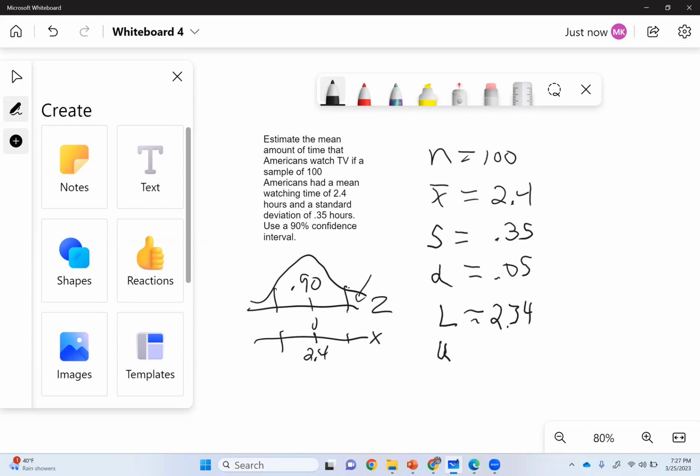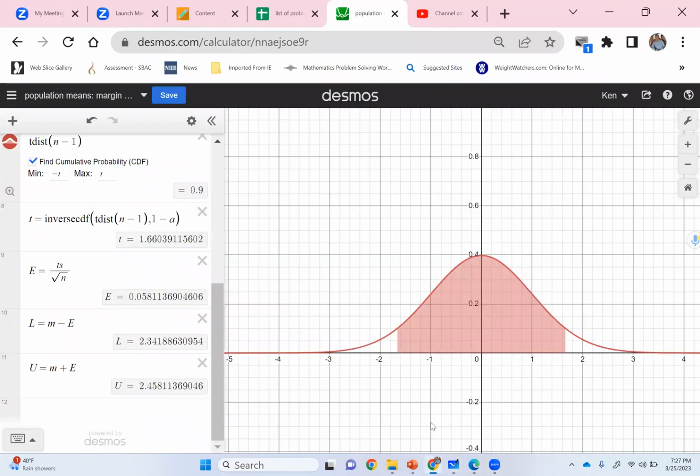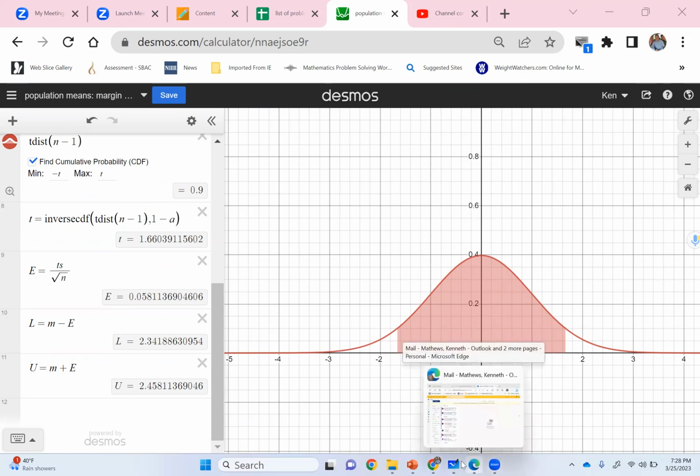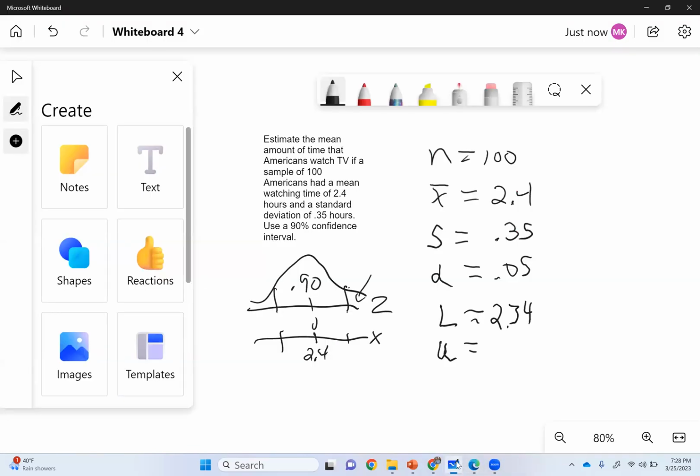And our upper value is equal to 2.46. So what does that mean? It means that 2.34 is less than the population mean, which we call mu, and that's less than 2.46.